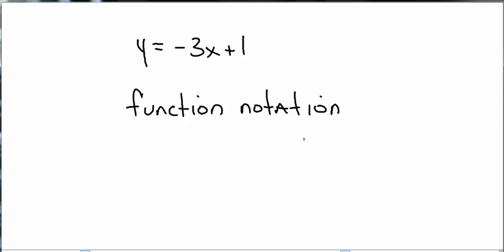Function notation looks like this. The function of x equals negative 3x plus 1. This is f of x, is how you would read it. Okay? F of x. You call it function of x. The f of x replaces the y. Okay?